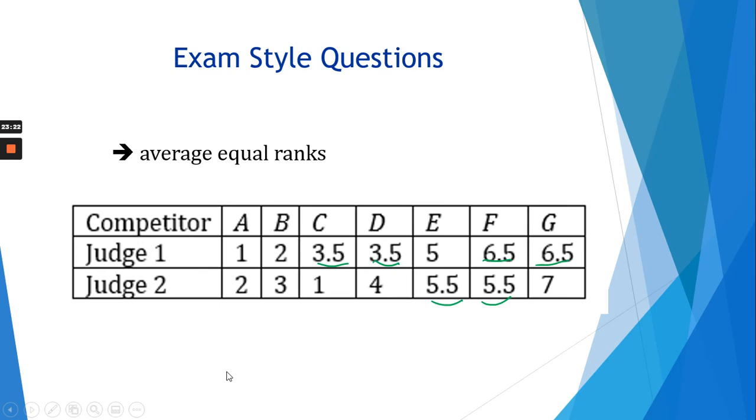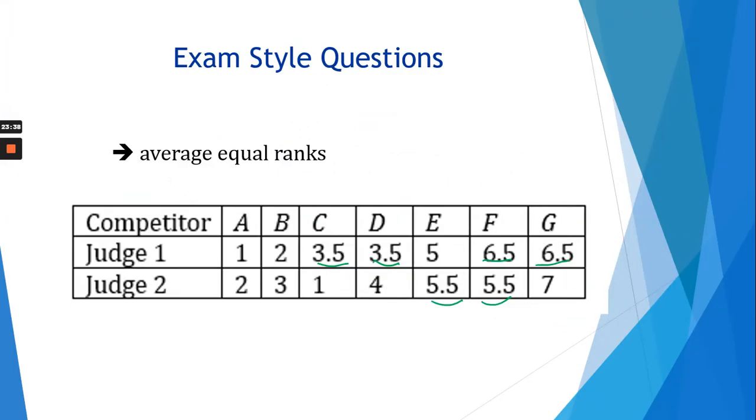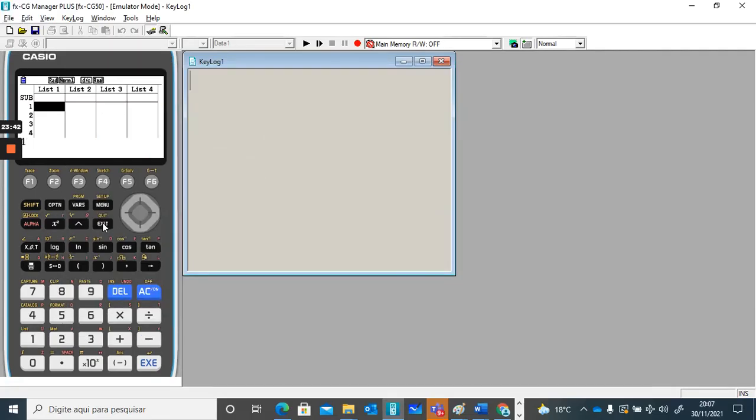Okay, let's check. So we're going to go back to our calculator. And first thing, we erase all the data. And we're going to put judge 1 on list 1, which is 1, 2, 3.5, 3.5, 5, and 6.5, 6.5.